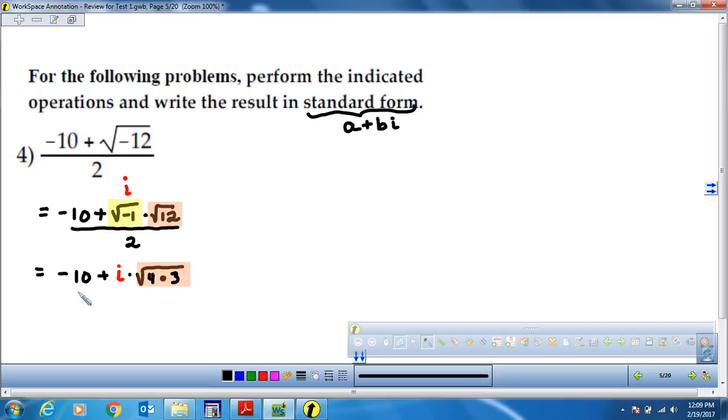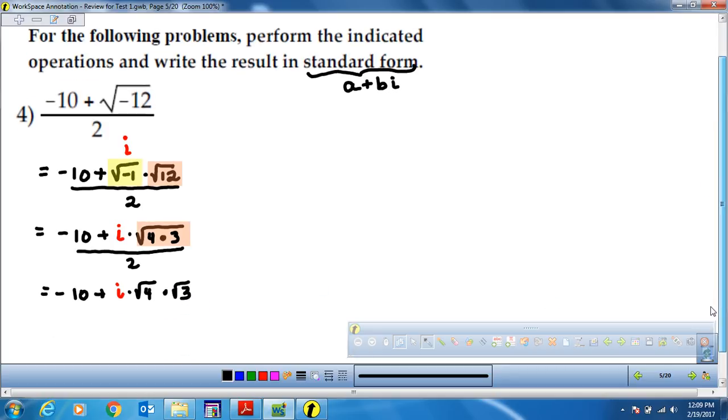Then we simplify it by separating it. So we get negative 10 plus i times the square root of 4. This is the product rule: the square root of 4 times 3, according to the product rule, is equal to the square root of 4 times the square root of 3.